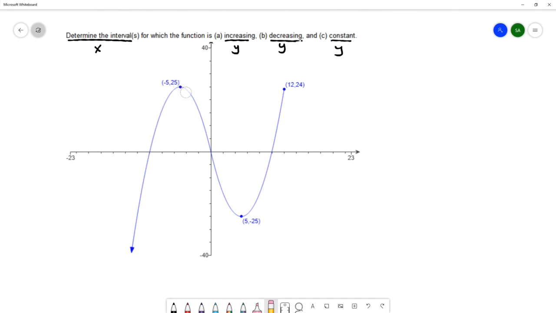And then it changes when we get to this peak here. And now as we trace, the y values are decreasing. And it changes again when we get to this valley, and now the y values are increasing. So let's label what we found. We found that this interval was increasing, and this interval was increasing, and this interval was decreasing.